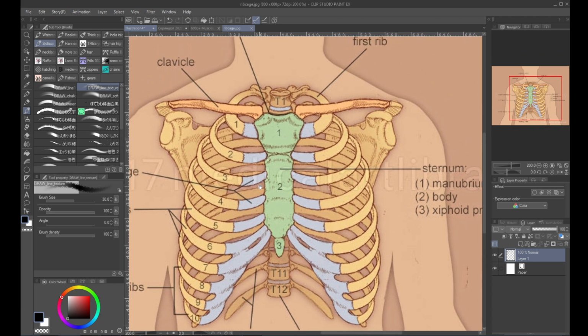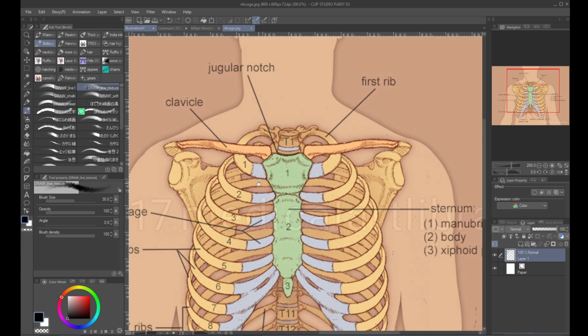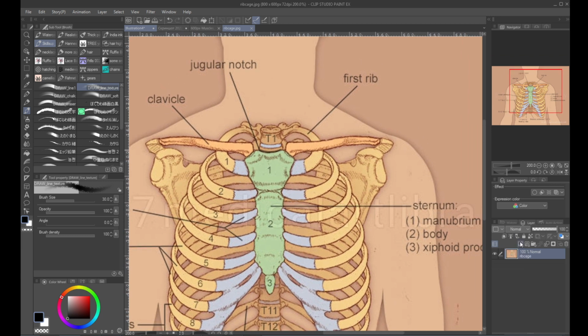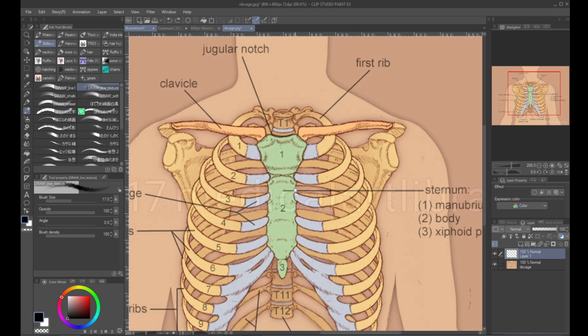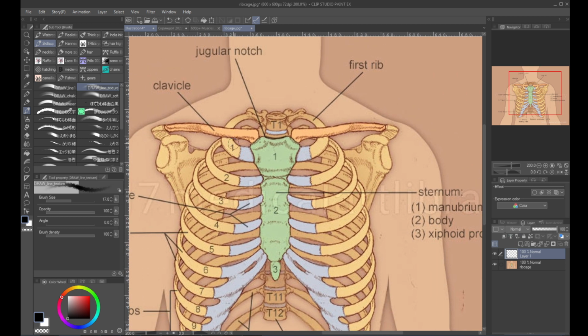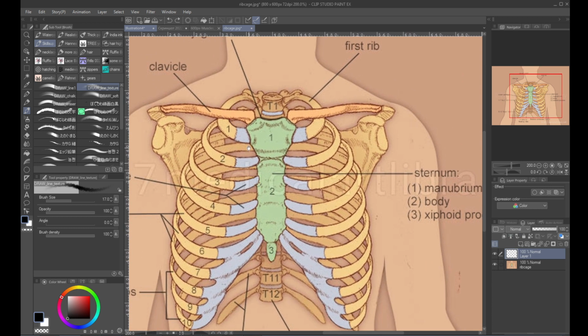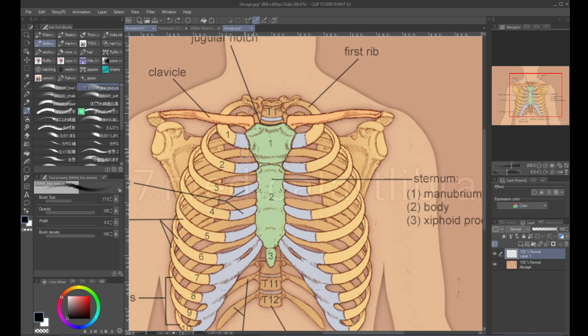As you can see here, when I draw the neck projection point, it is largely identical to the first rib. It is the smallest, the flattest rib. Then we have these two.